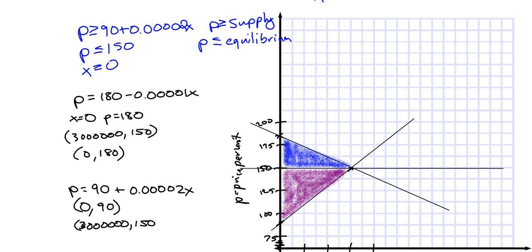And then the next thing, it said we want to define the consumer surplus and producer surplus for these two equations, and we're done with that part. Then the next thing within this problem is we want to find the area of the shaded triangles to show that's the surpluses.